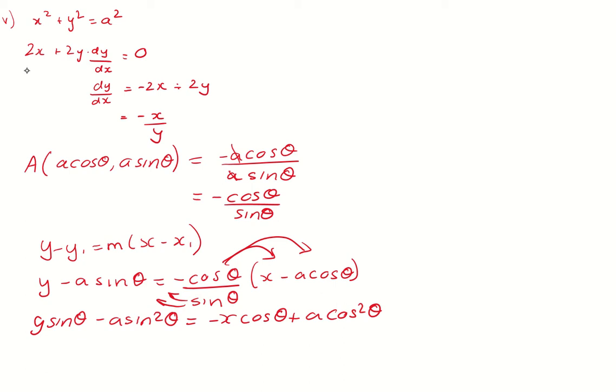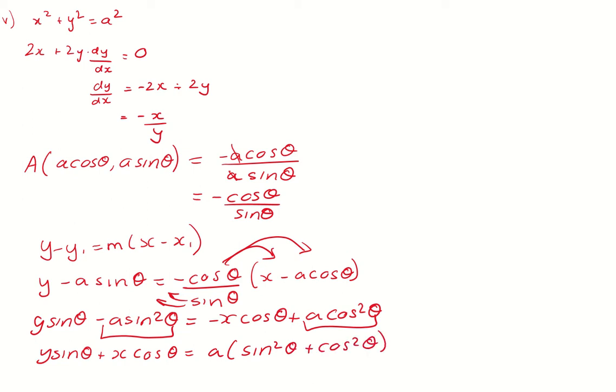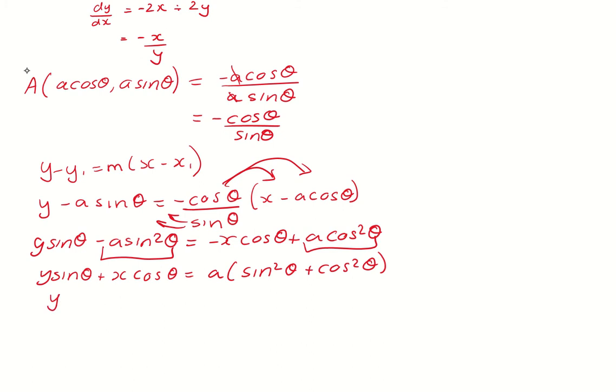Which then gives me my squares on one side. I'm going to factorize out an A, and that gives me the final solution of this equation.